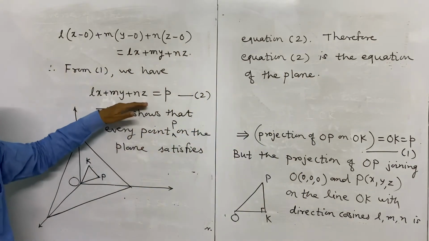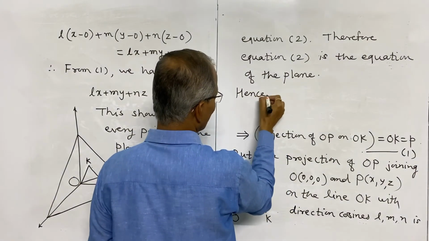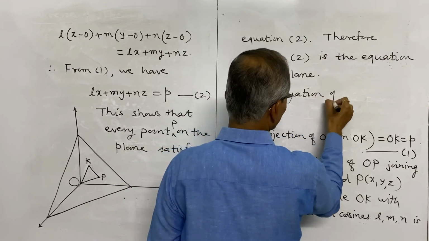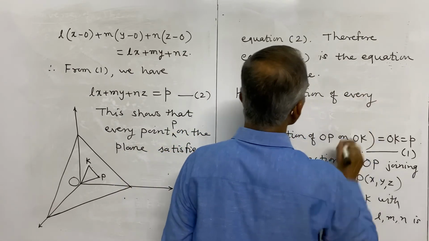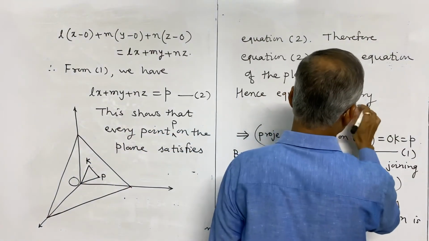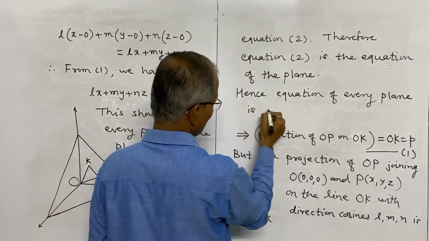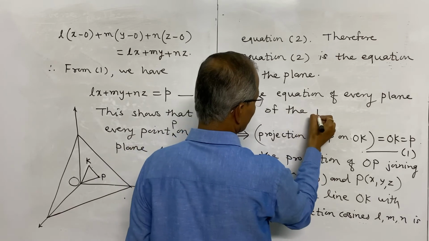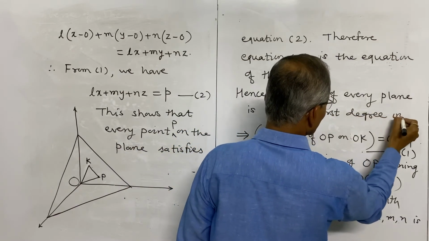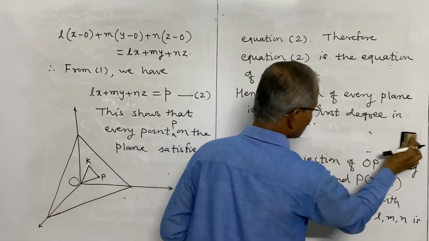But equation 2 is a first degree equation. Therefore the equation of every plane is of the first degree in x, y, z, and this proves the theorem.